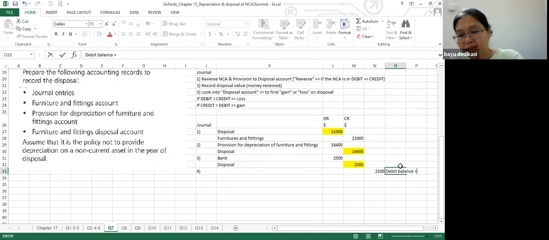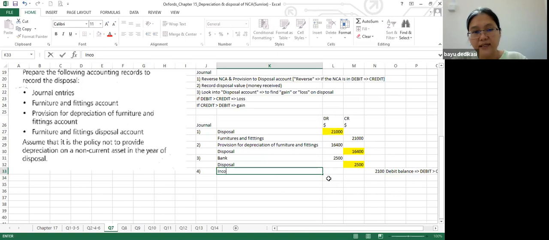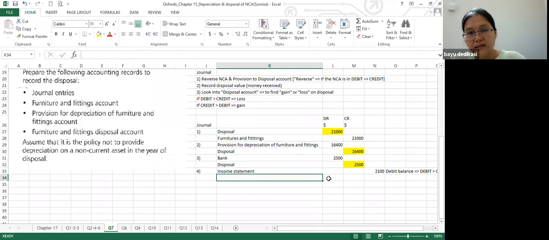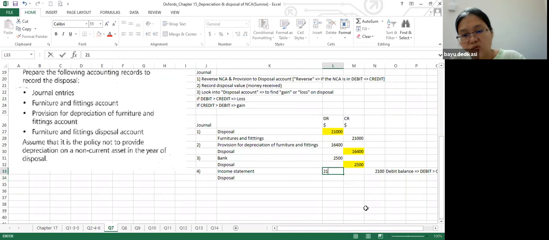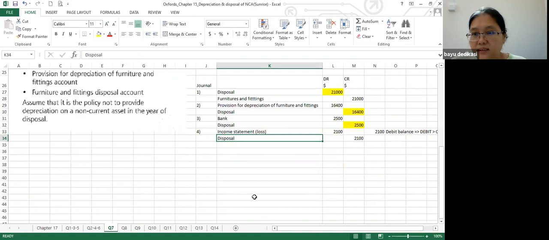Debit balance means that your debit is more than the credit. So in this case, we will have the debit income statement and credit disposal account. And the amount is 2100. This is actually a loss on disposal. So far, clear for the journal entry?